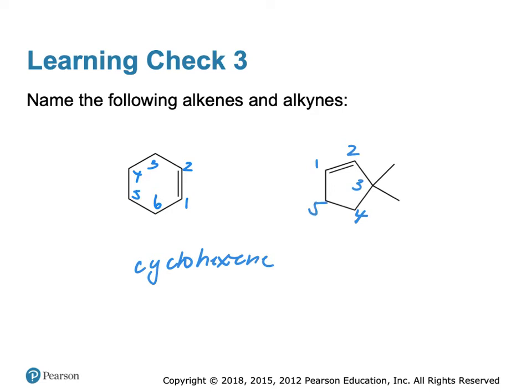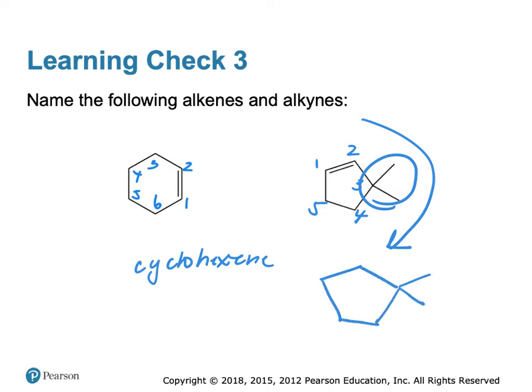I need to number the ring clockwise, so that gives these dimethyl groups the lowest possible number. If we were to number counterclockwise, and I'll show you what I mean by this. So here's our double bond. If we were to call this carbon 1, 2, 3, 4, 5, then those methyl groups would be 5,5-dimethyl.